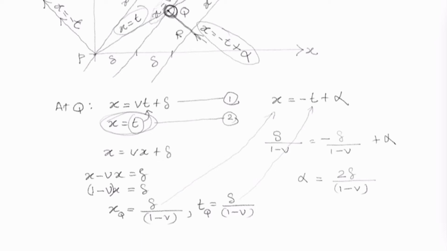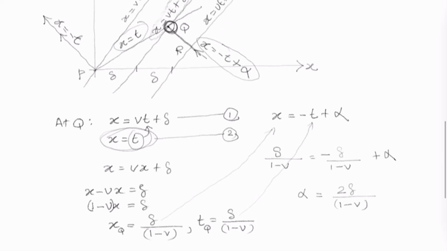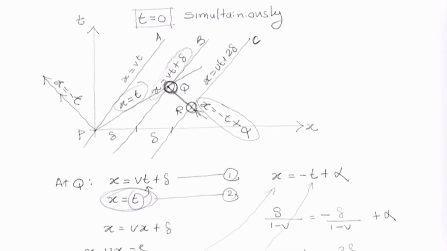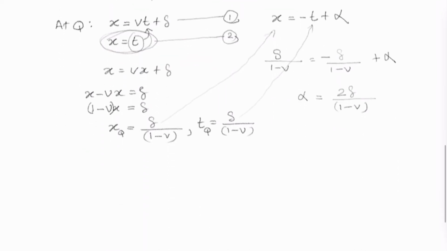If you look at point R now, x equals minus t plus alpha and x equals vt plus 2 delta meet here. So we can solve for the coordinates of R. x equals vt plus 2 delta, equation 1. x equals minus t plus alpha, equation 2, where alpha is 2 delta over 1 minus v.